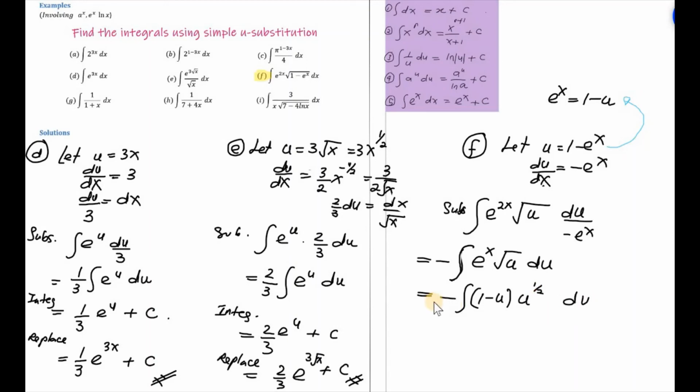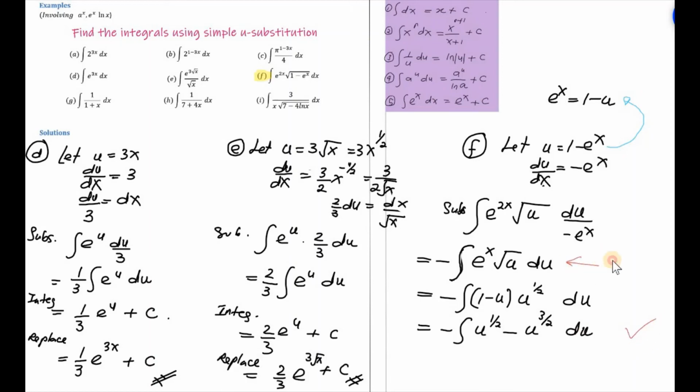Okay, so we need to expand before we are able to integrate. So 1 times u power half is u power half, minus u power 1 multiplied by u power half, 1 plus half, which is u power 3 on 2. Up to this level, alhamdulillah, you can now integrate.